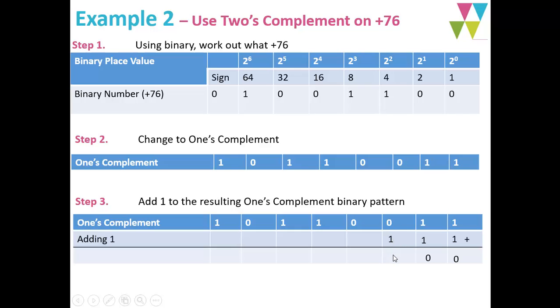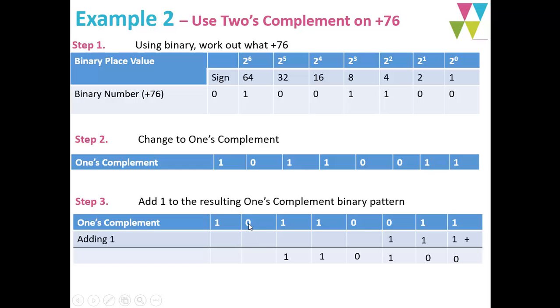1 and naught gives you a 1. There's nothing here, nothing and naught gives you naught. Naught and 1 gives you a 1. There's nothing here, so naught and 1 gives you a 1.